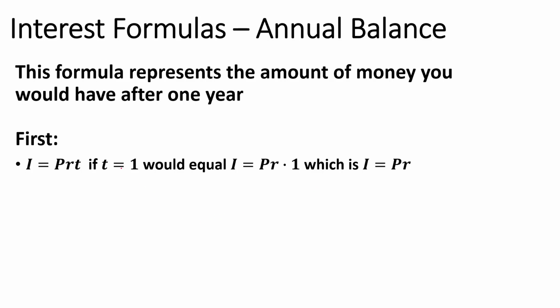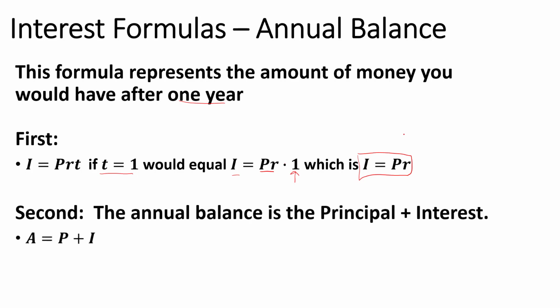Well, assuming that we understand that T is representing 1 for 1 year, we could then say that I is equal to the principal times the rate times 1 for 1 year. Well, the 1 will simplify out, so that really just leaves us an annual balance would be I equals PR. Now, the annual balance is the principal plus the interest.